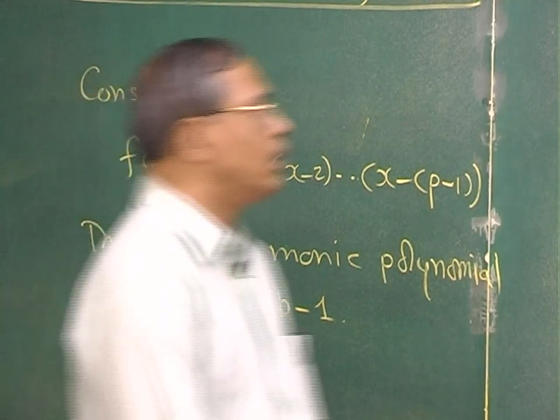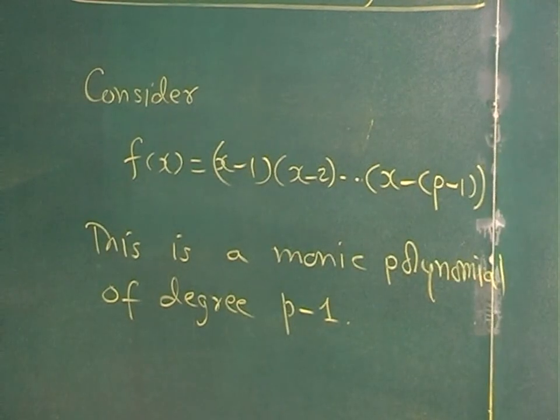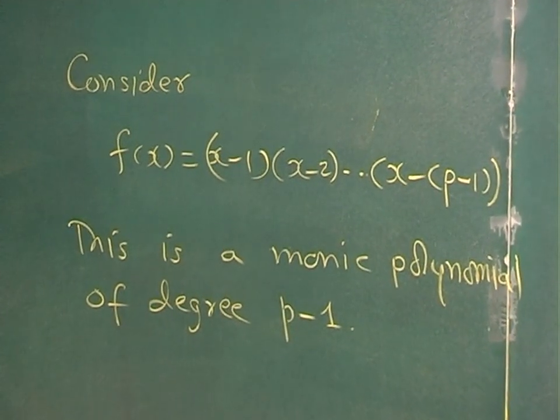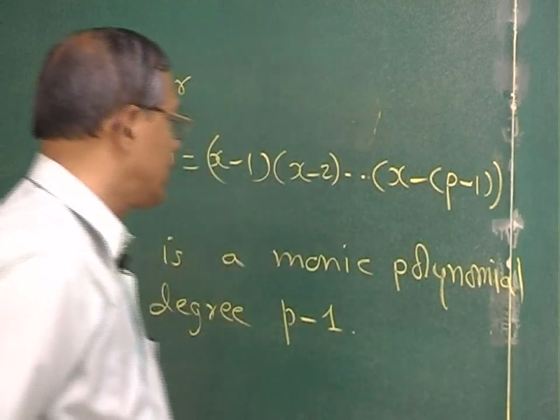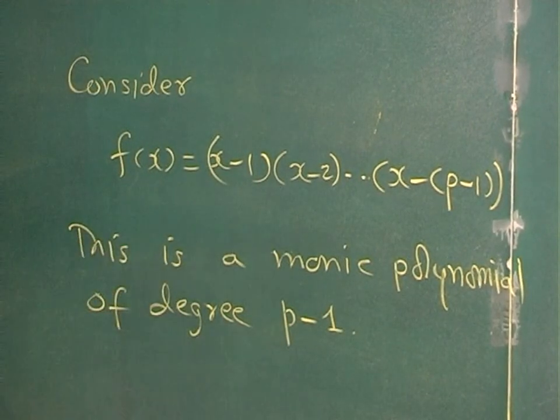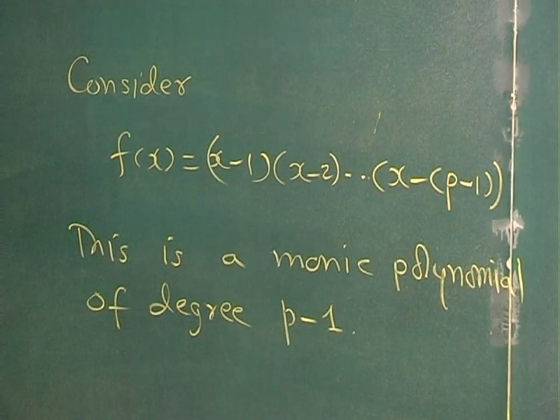Now, except for 0, all other elements of the CRS 0 to p minus 1 are solutions of this polynomial.